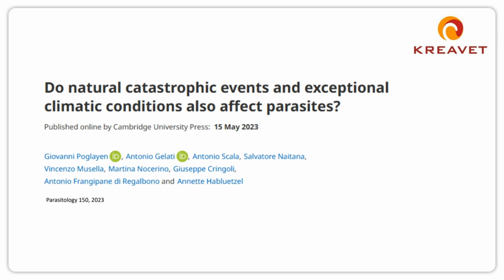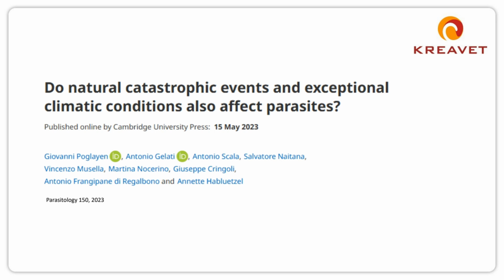So the question that should be addressed more now, and this was nicely addressed in this paper by Giovanni Poglaien, is what are the effects of catastrophic events like flooding, like a very short period with very high temperature, with fires, wood fires, and all these conditions.